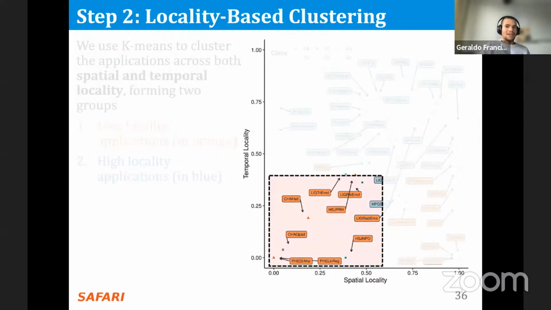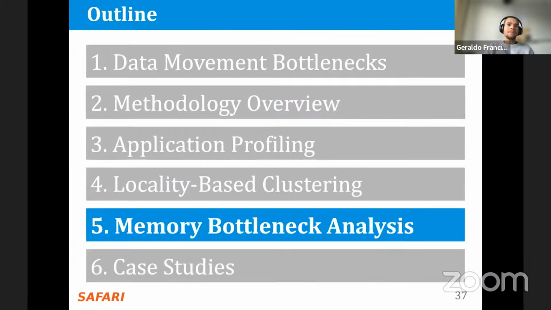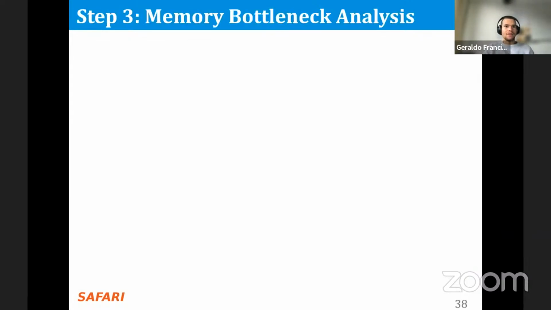The closer a benchmark is to the bottom left corner of the plot, in other words, the lower the temporal and spatial locality, the less likely it is that the application can take advantage of a deep cache hierarchy. With this clustering in mind, we conduct our bottleneck analysis.